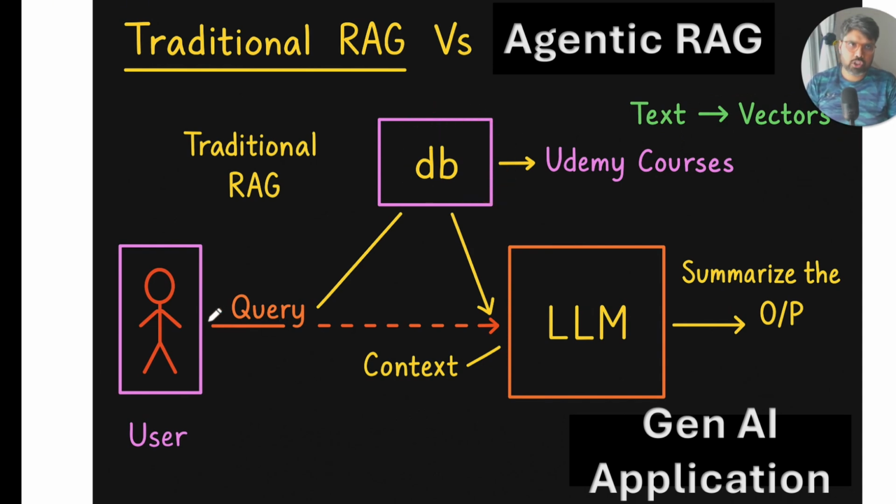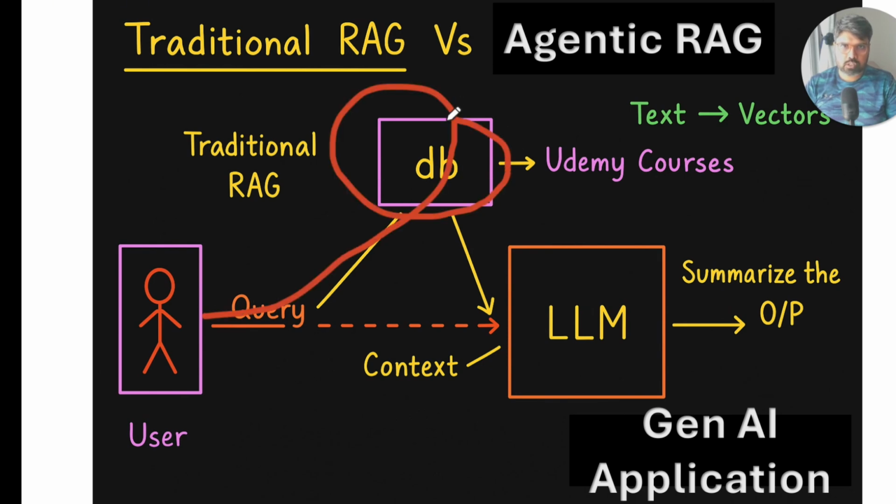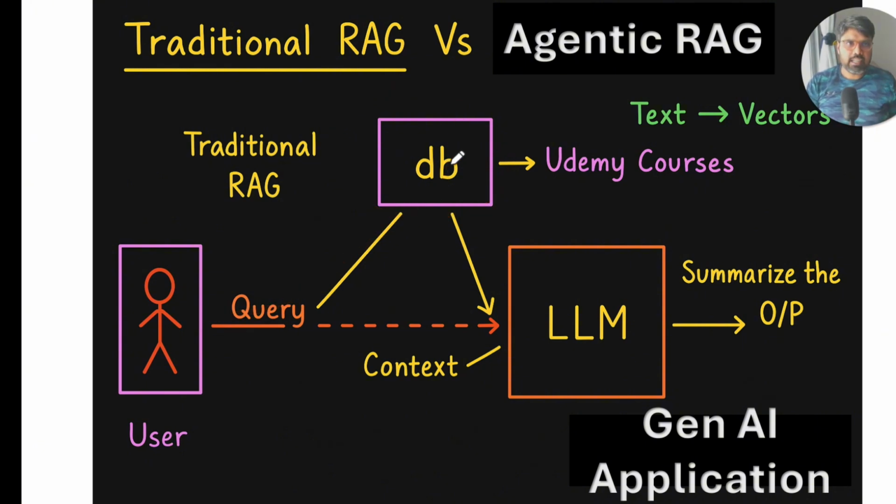Suppose I ask a question, what is a tuple, or how to run an agentic RAG system? What is going to happen? My query is going to go to this particular database, look at the similarity search, and give all the context about agentic RAG that is available in the Udemy course transcripts. It takes out all the relevant chunks, and along with my query and the context coming from the database, goes to the large language model.